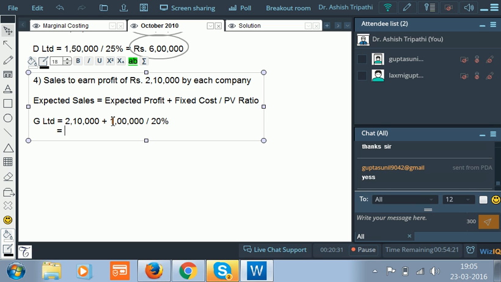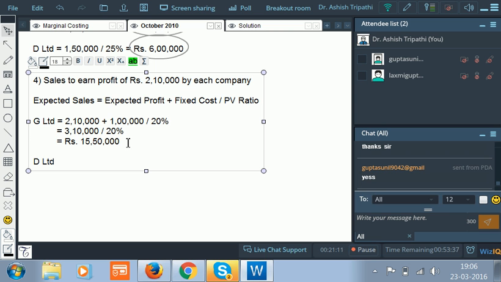So if you calculate this, it will be 3,10,000 upon 20%. 3,10,000 divided by 20% will give you rupees 15,50,000. So here we were able to calculate the expected sales of G Limited if the expected profit is 2,10,000.